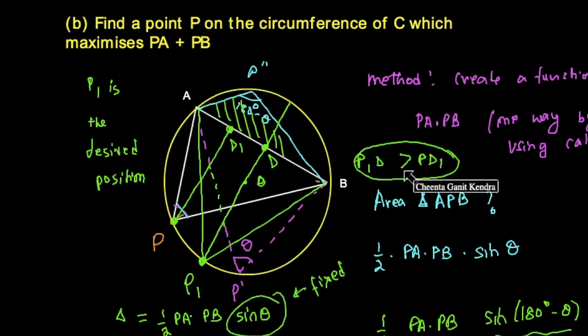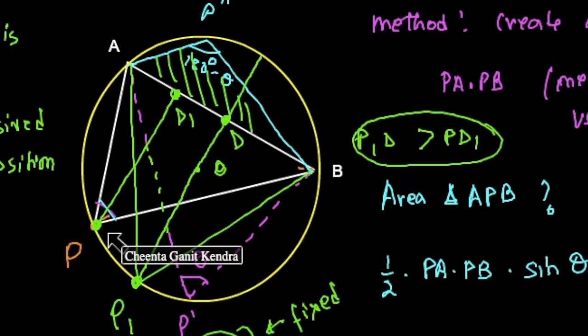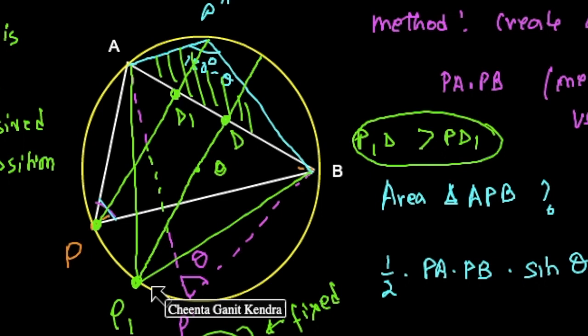P1D is greater than PD1 because the diameter is the largest chord. Whatever other chord you draw will be smaller than the diameter. So clearly P1D is the largest height that is possible.